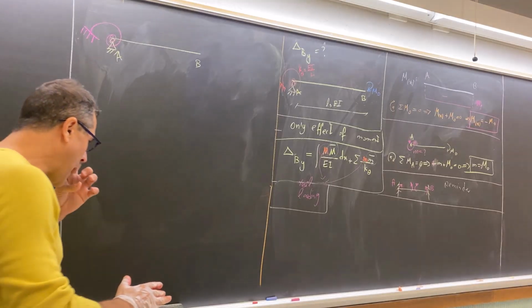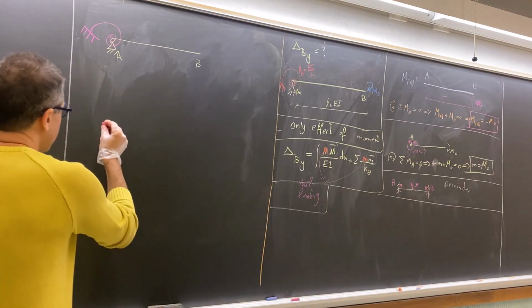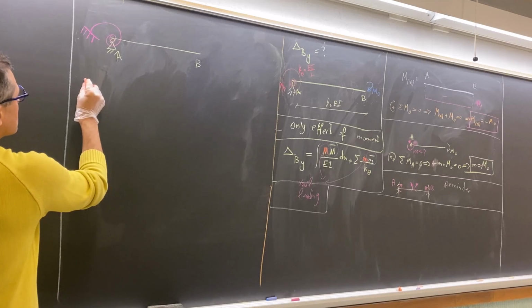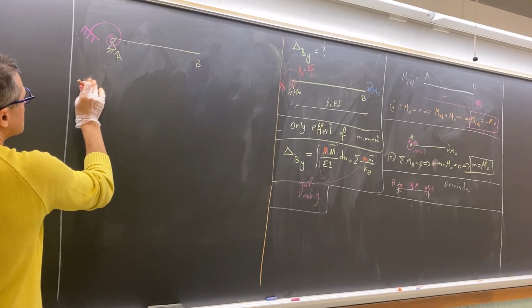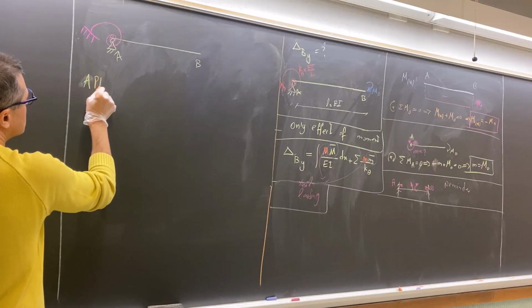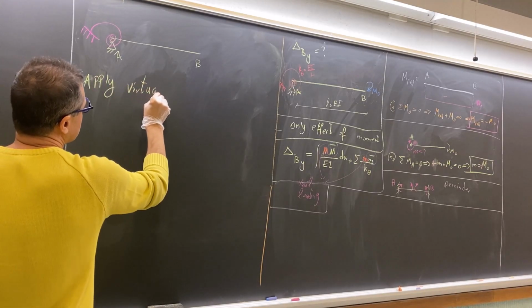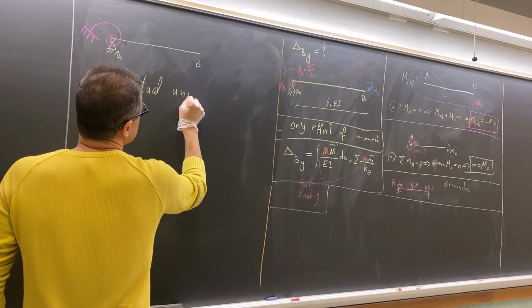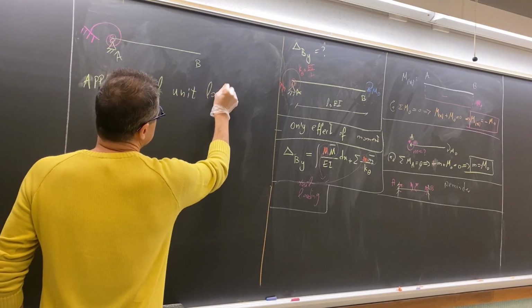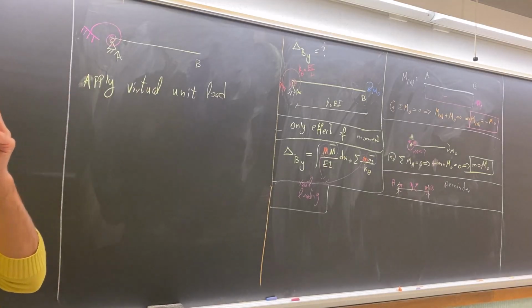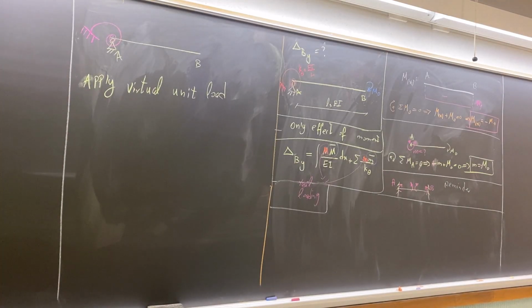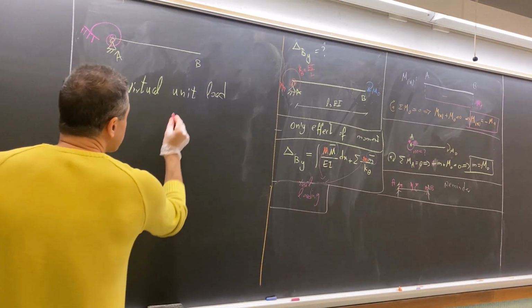Then you need to apply a virtual unit load. When we say virtual, it means it doesn't exist. We just assume. And it must be unit. So what is a unit load?